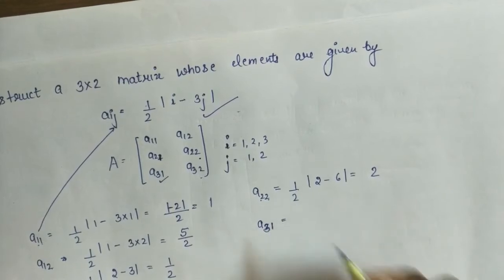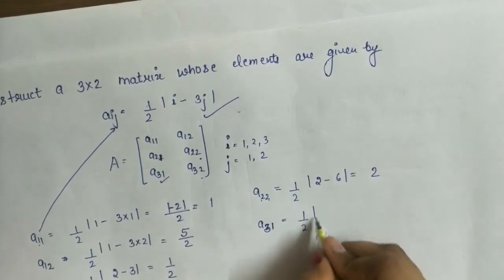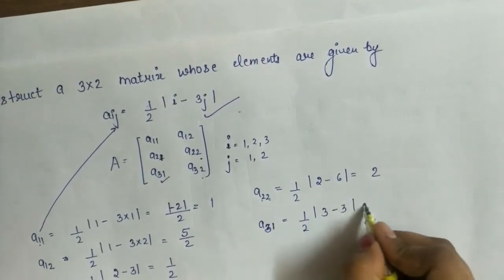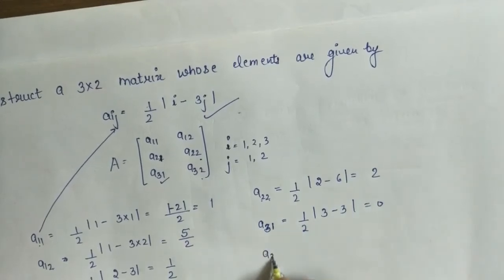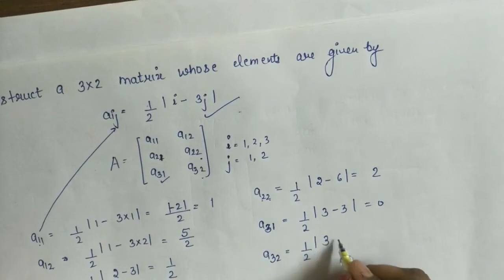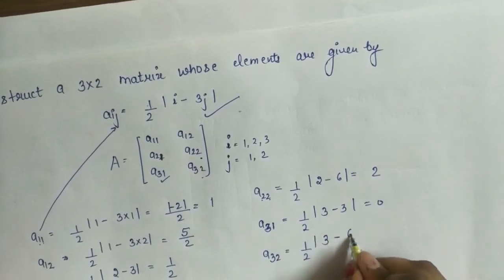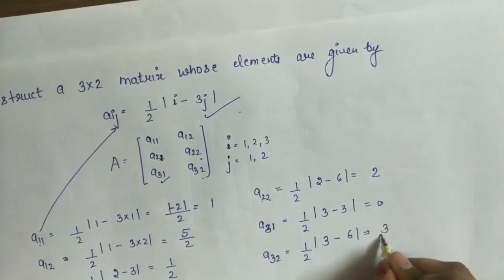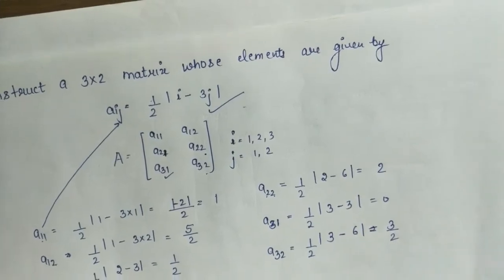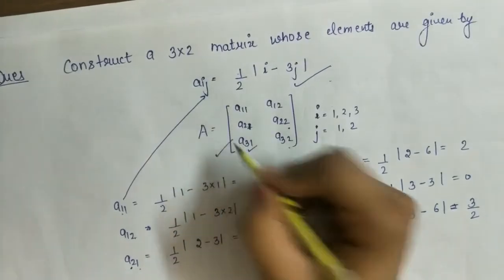A31 is equal to half of |3 minus 3| is equal to 0, and A32, i is equal to 3 and j is equal to 2. So 3 by 2.